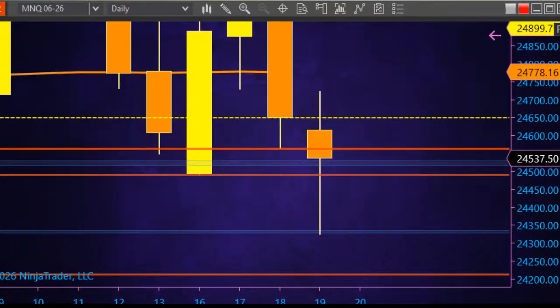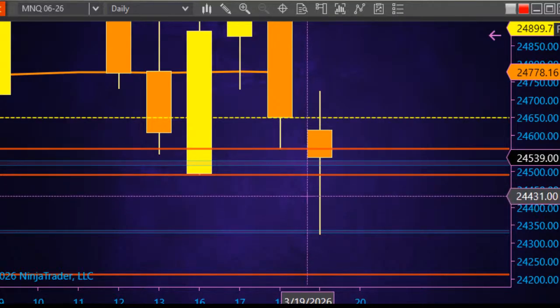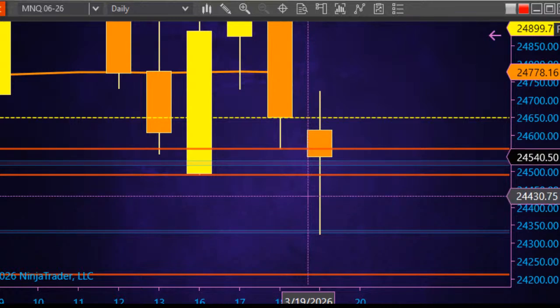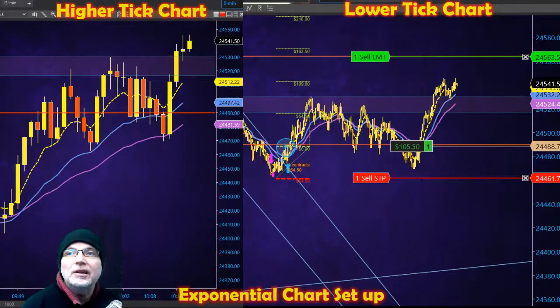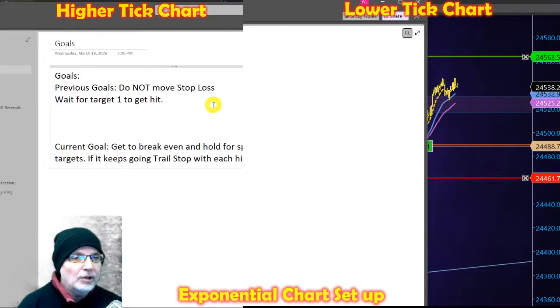But part of me just wants to take this profit right here at the red line and just be glad I had a winner, man. I don't even know how many I lost there. I have no idea how many I lost. I don't care yet, not until the end of the day. So let me make that goal. Do not look at P&L.